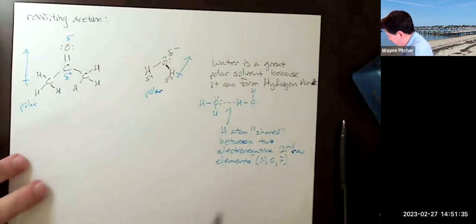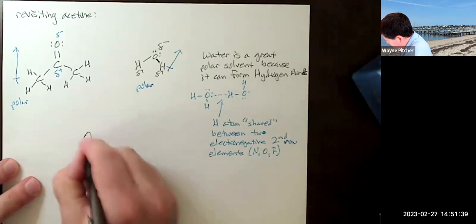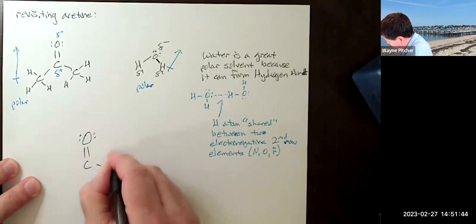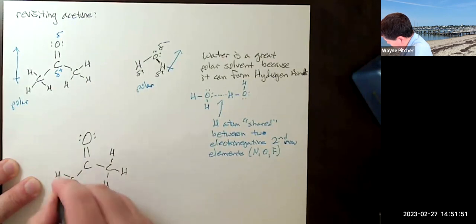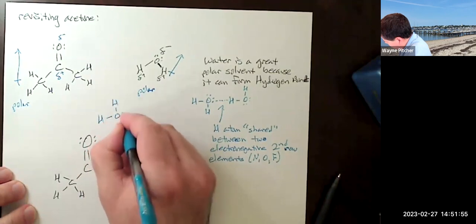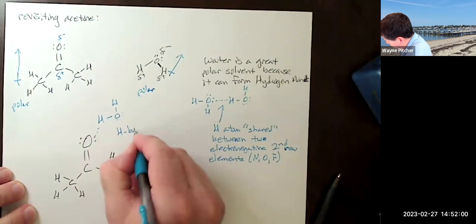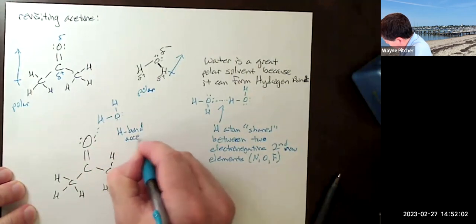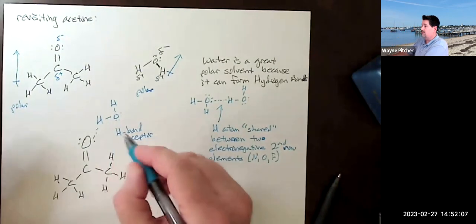So what that means is now our acetone, if I redraw the structure here, our acetone is a hydrogen bond acceptor.